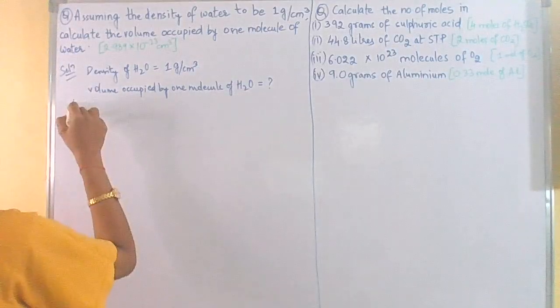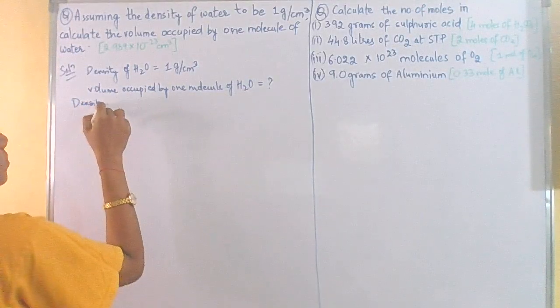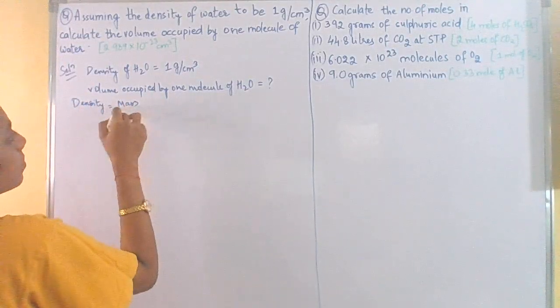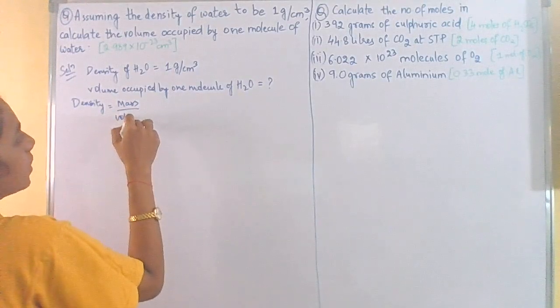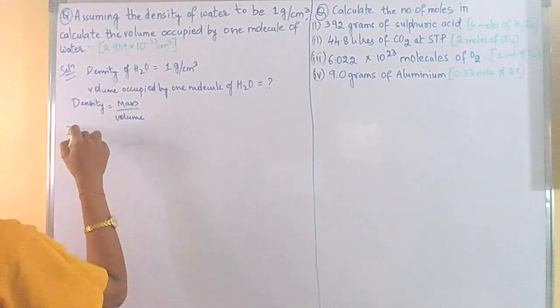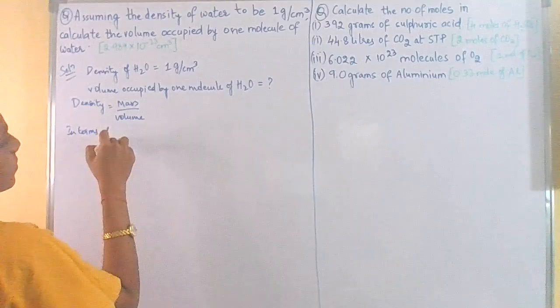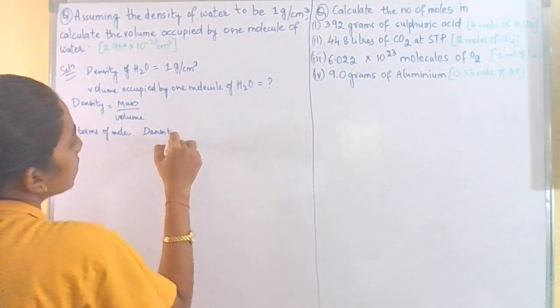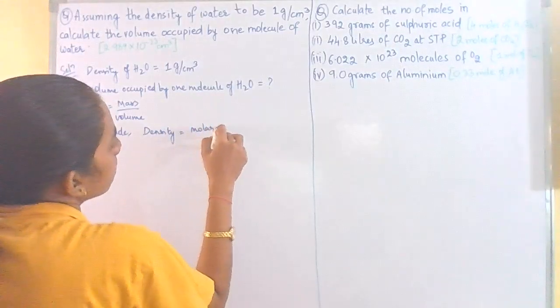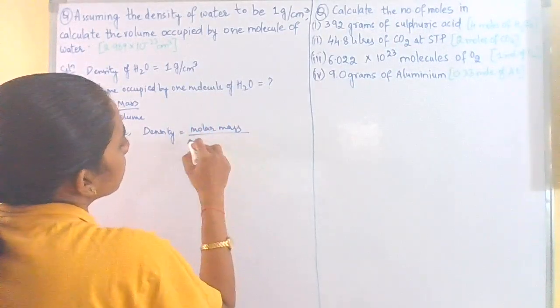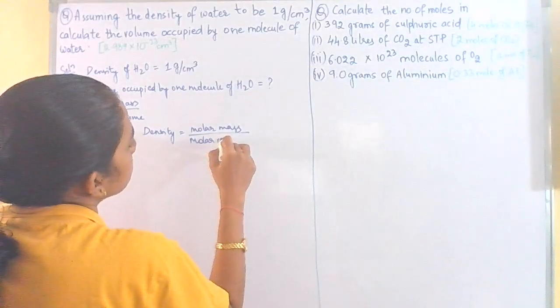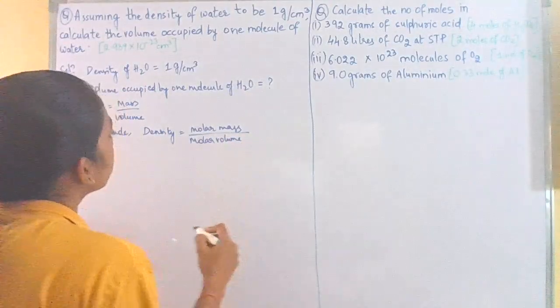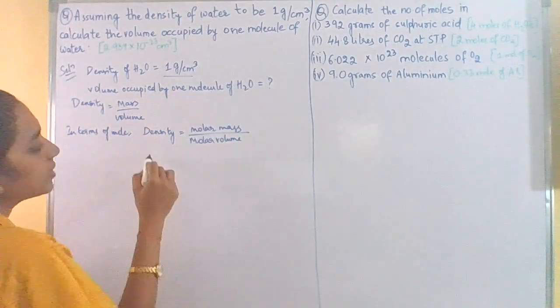We all know the formula that density is equal to mass by volume. In terms of mole, how do we write this? Density is equal to molar mass by molar volume. So they have given that density is 1 gram per centimeter cube.